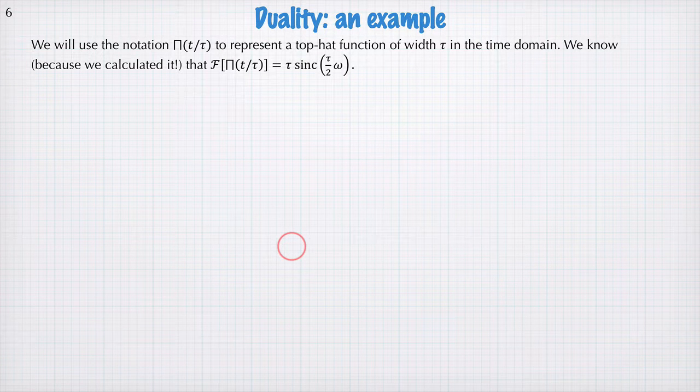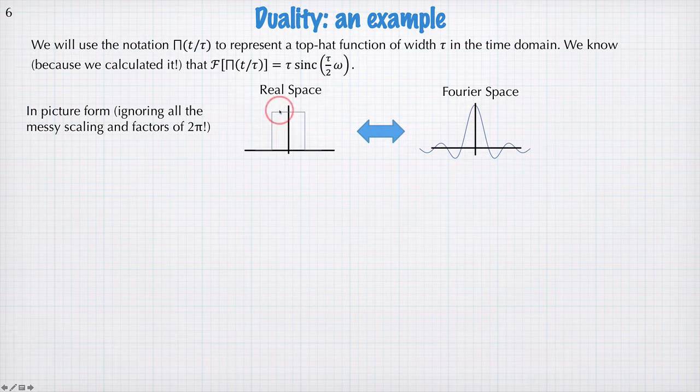This is a really useful property, and I think it's easier to understand with some pictures. So let's use the notation here for a top hat function in terms of time with width tau. And we know, because we've calculated it, that the Fourier transform of this function is a sinc function. So in pictures, if we start off in real space with a top hat function, and just ignore all the factors of 2 pi and all that messy stuff, in real space we have a top hat function, in Fourier space we have a sinc function.